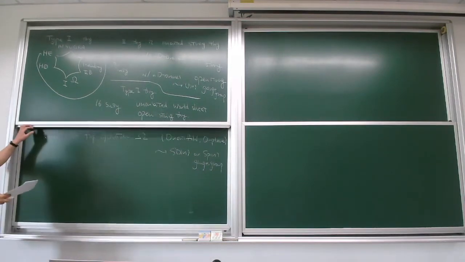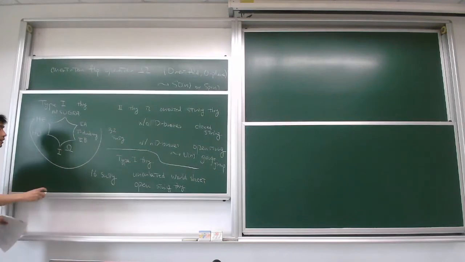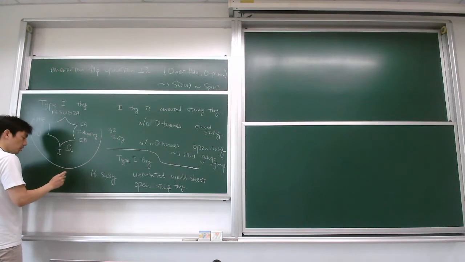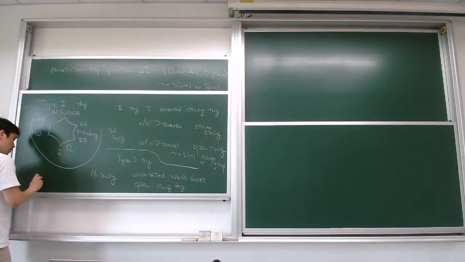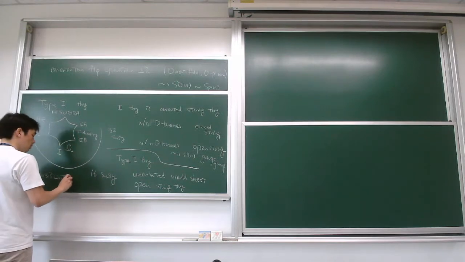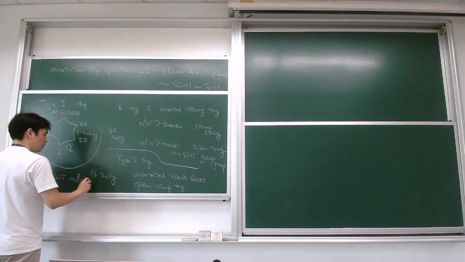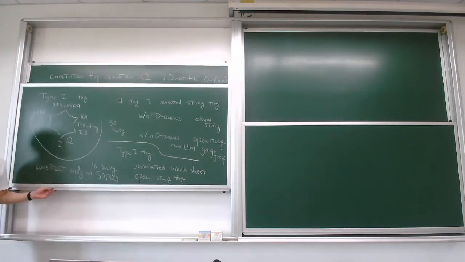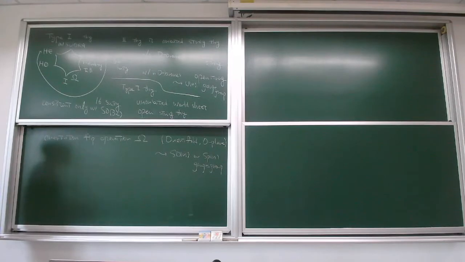In particular, type 1 theory is only consistent with SO(32) gauge group. That's what we are going to see.